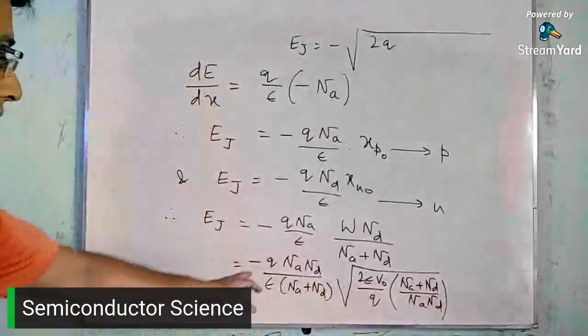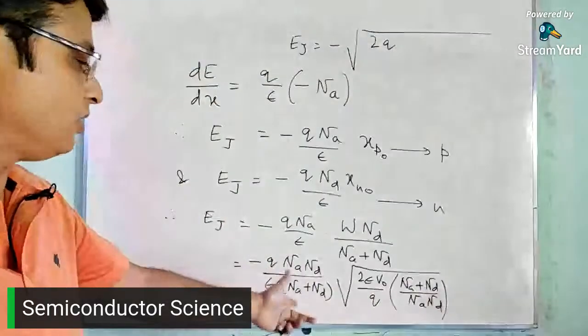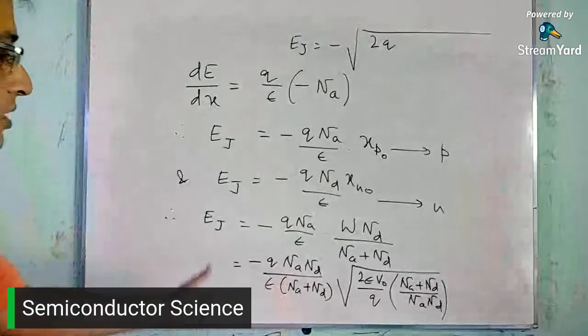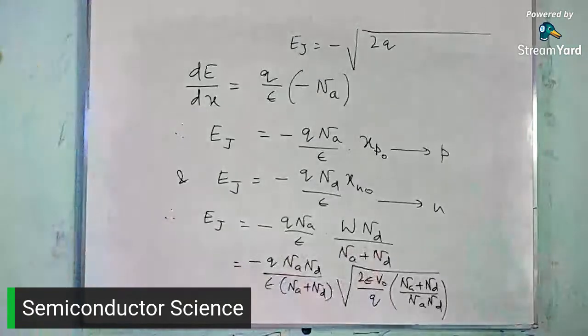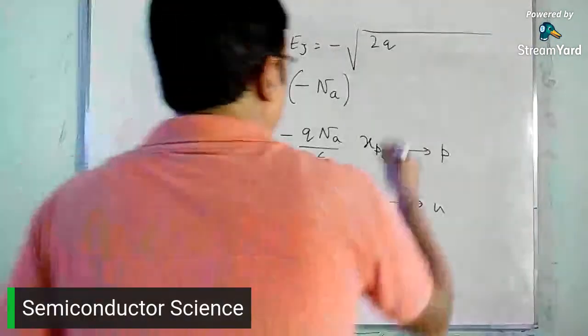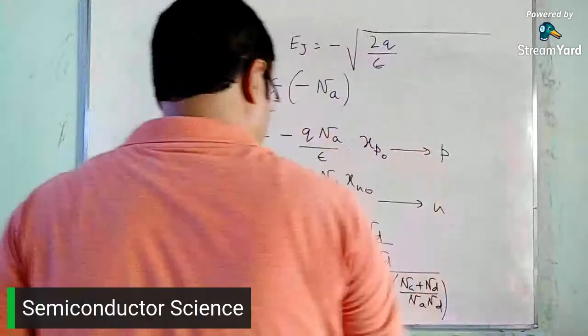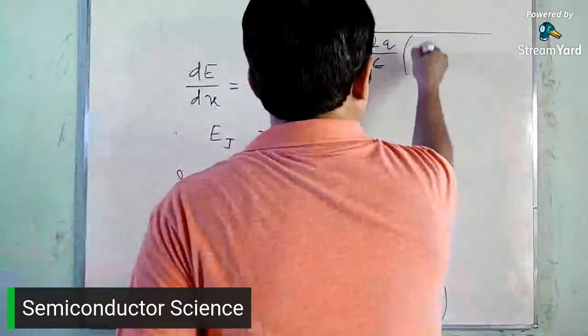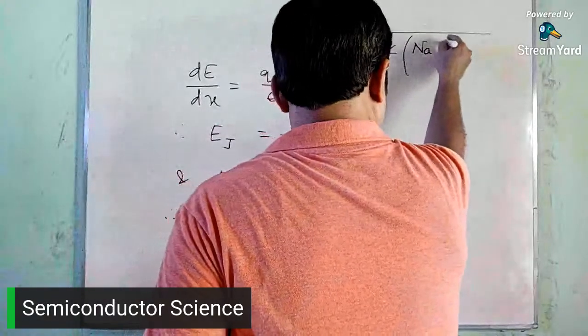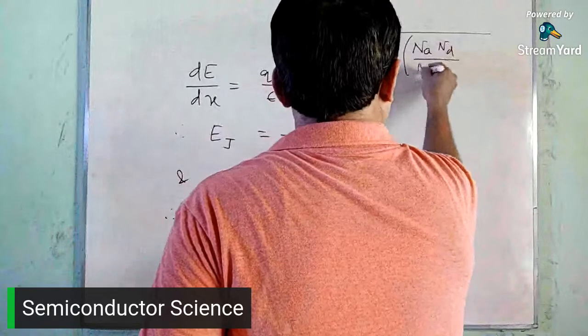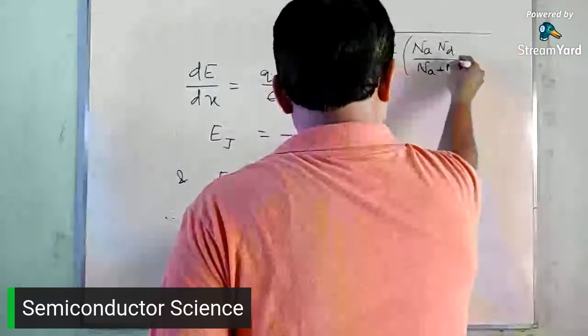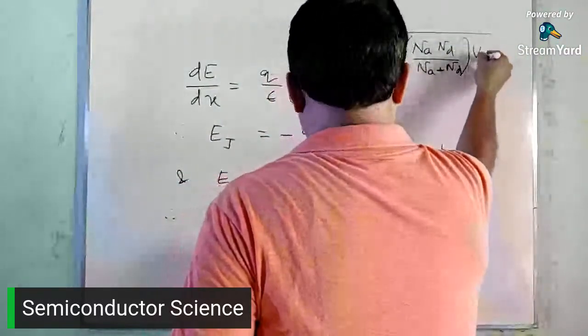As Q and epsilon are also outside the radical, move them inside the radical. You can get twice Q by epsilon, Na Nd by Na plus Nd, into V0.